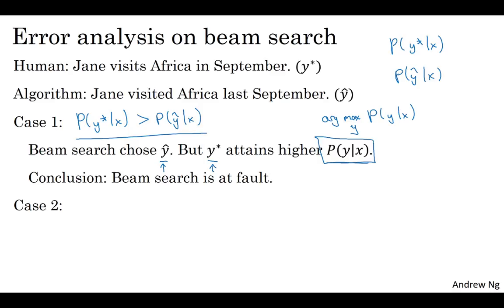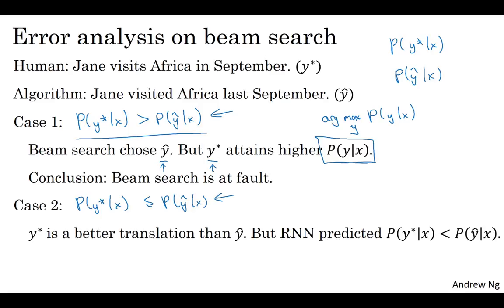Now, how about the other case? In case 2, P of y star given x is less than or equal to P of y hat given x, right? And either this or this has got to be true. So either case 1 or case 2 has to hold true. What do you conclude under case 2? Well, in our example, y star is a better translation than y hat.